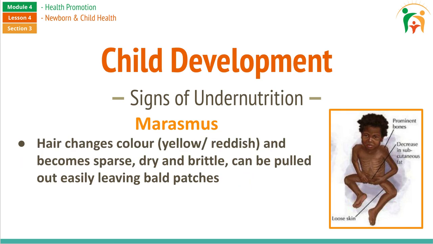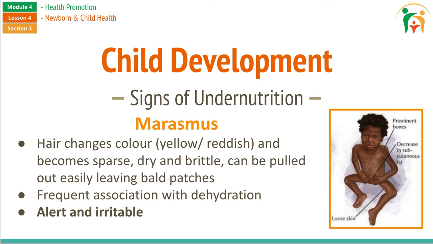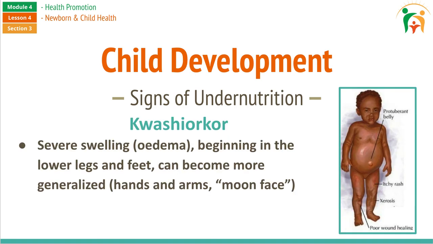Hair changes color to yellow or reddish and becomes sparse, dry and brittle. It can be pulled out easily, leaving bald patches. Frequent association with dehydration. Alert and irritable. Usually has appetite.